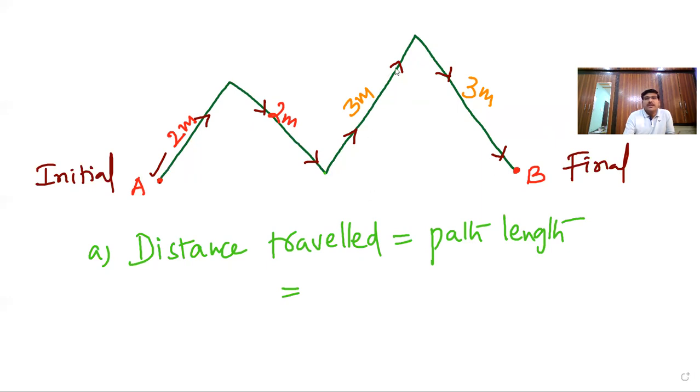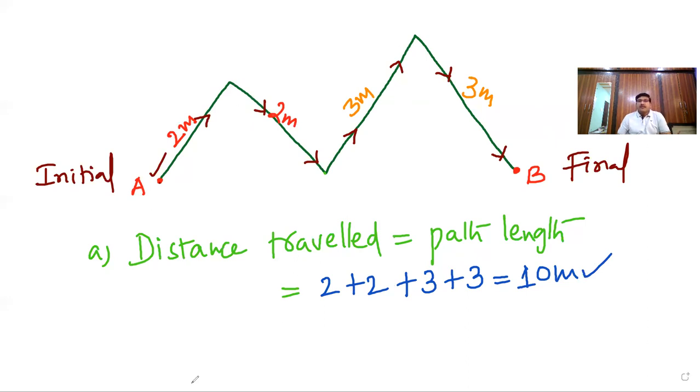So completely it will become 2 meters plus 2 meters, 2 plus 2, 3 meters plus 3 meters, 3 plus 3. So 4 plus 6, 10 meters. This is the distance traveled. Clear?